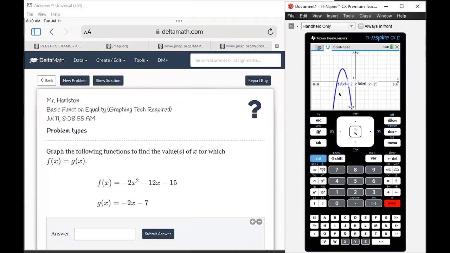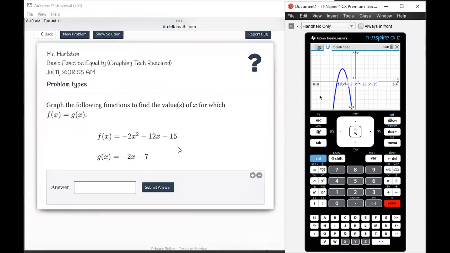So that's what our graph looks like. Now we don't actually have to graph the graph, but you are going to use the graphs to find the intersection. So now that I've entered that one, let's do the second one.